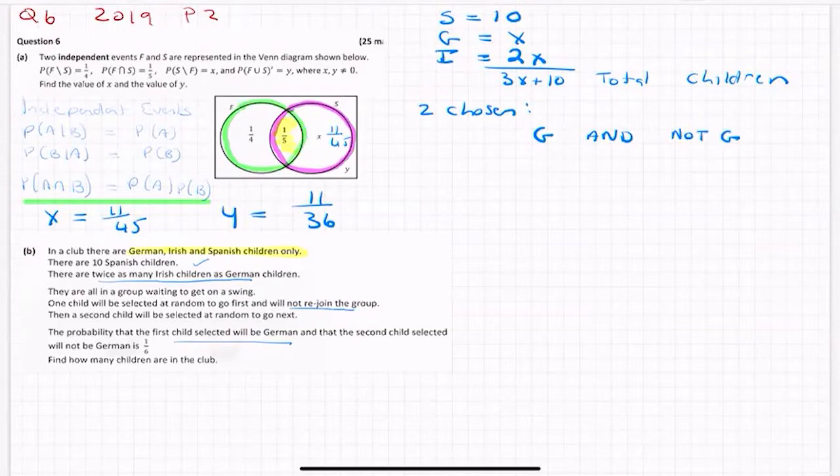And the probability of that is a sixth. Probability the first child will be German, the second child will not be German.